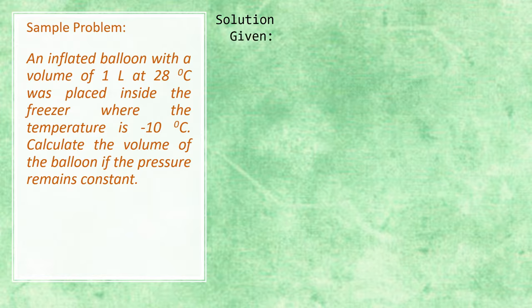Solution: write all the given. Our initial volume is 1 liter. Our initial temperature is 28 degrees Celsius. Our final temperature is negative 10 degrees Celsius. And the unknown is the final volume.